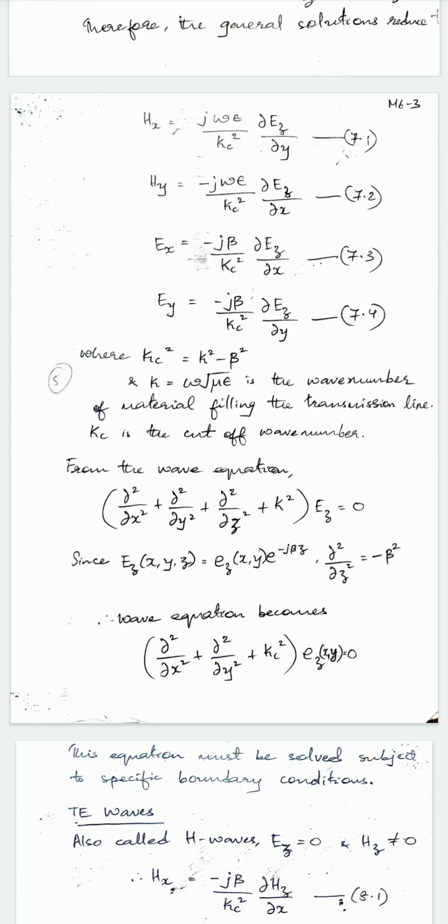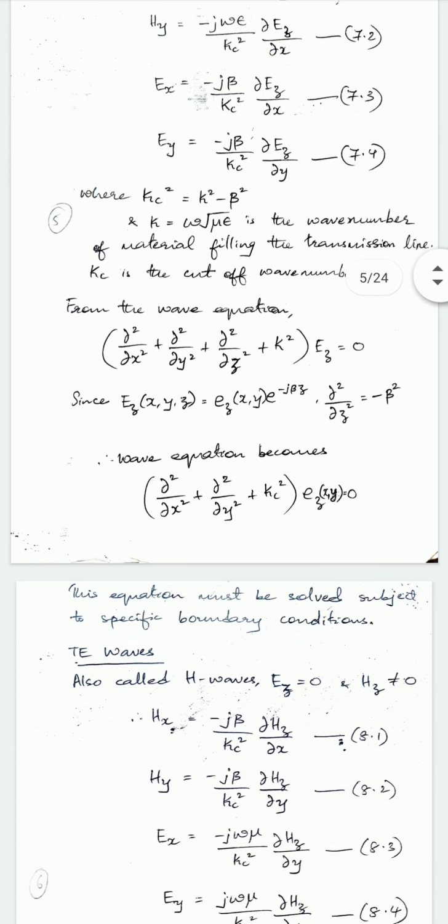The wave equation we can write as dou square by dou x square plus dou square by dou y square plus dou square by dou z square plus k square into Ez equal to 0, where Ez of xyz is Ez of xy into e raised to minus j beta z. In that, dou by dou z is minus j beta, so dou square by dou z square is minus beta square.